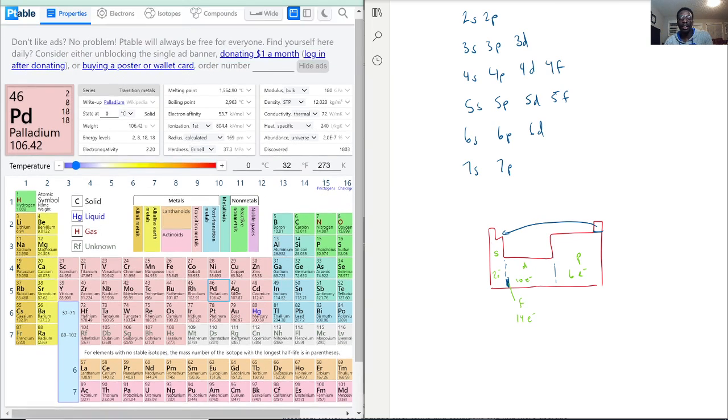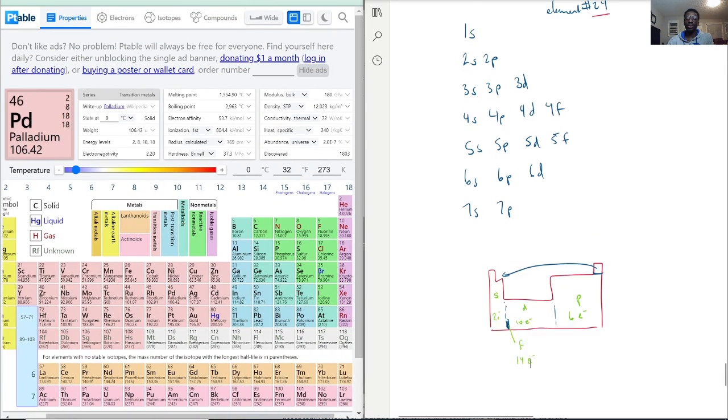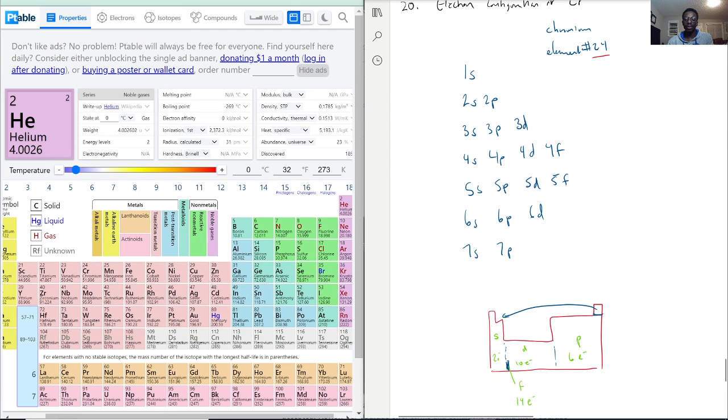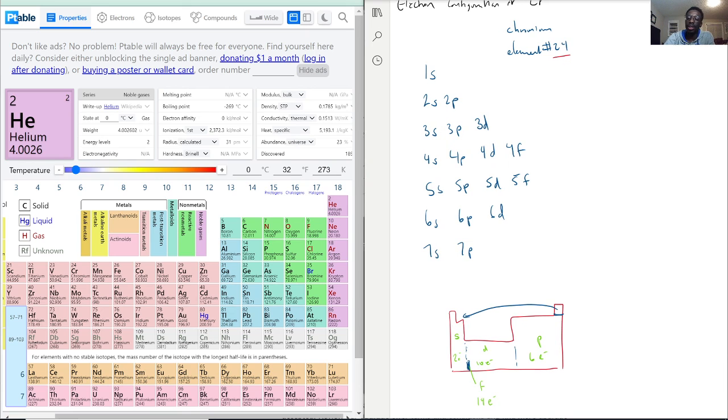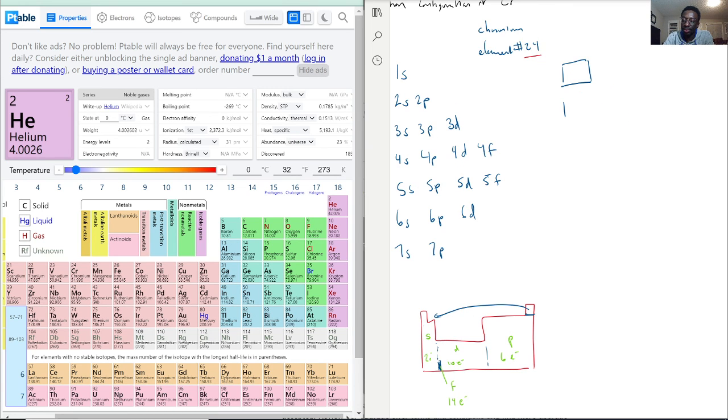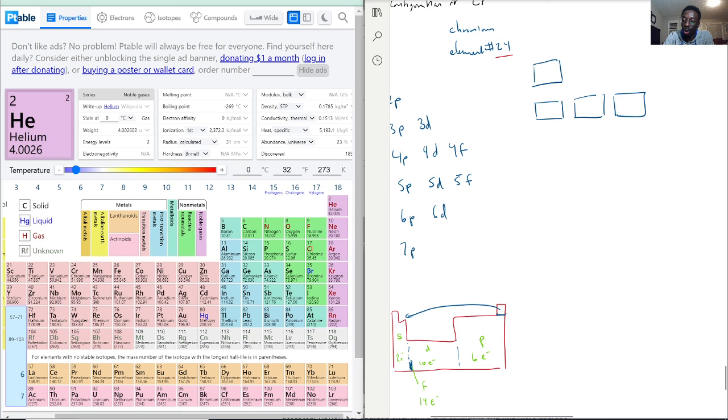With that being said, let's go ahead and find out what chromium is, okay? And I'm actually going to draw something else as well to match this, and that's going to be the orbital notation. So we're going to have boxes for each one. So as I mentioned, p orbitals can hold up to 6 electrons, and each orbital, or each suborbital in that orbital, if that makes sense, that subshell, can hold up to only 2 electrons.